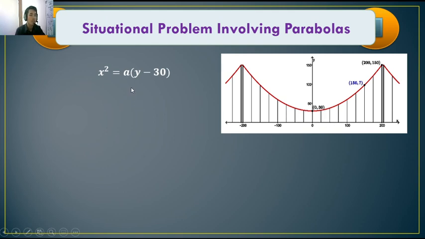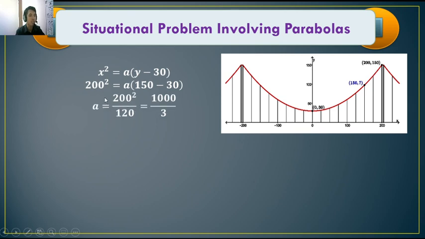Now we're going to substitute the value of our x, since our x is 200 here. So we have 200 squared is equal to a times, and we need to substitute the value of y because we need to find the value of a. So we have a times (150 - 30), and then simplify.